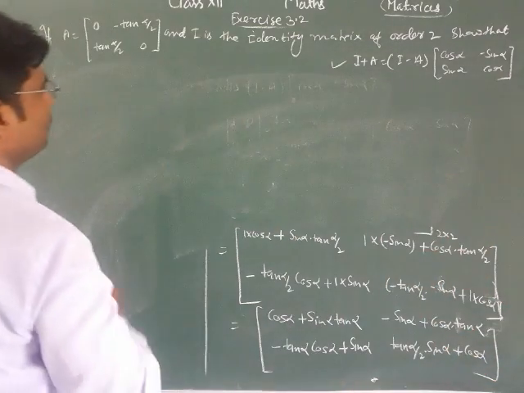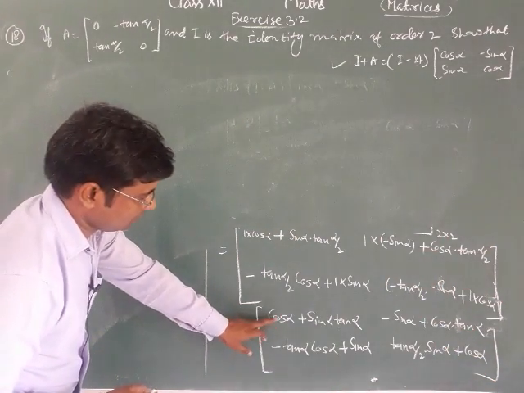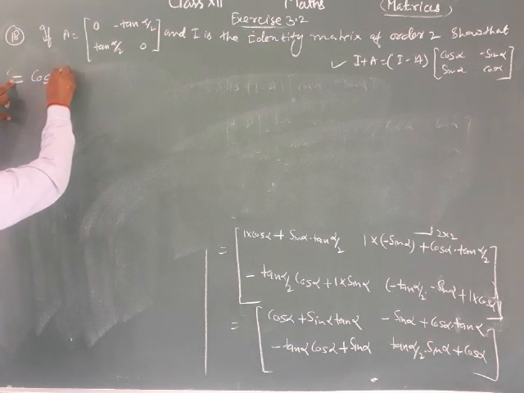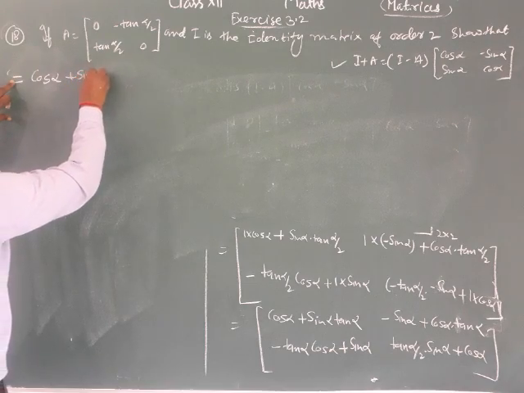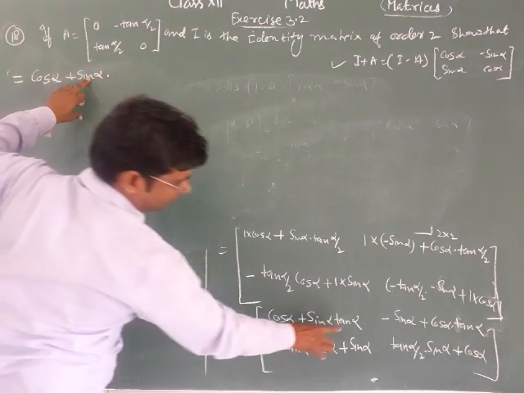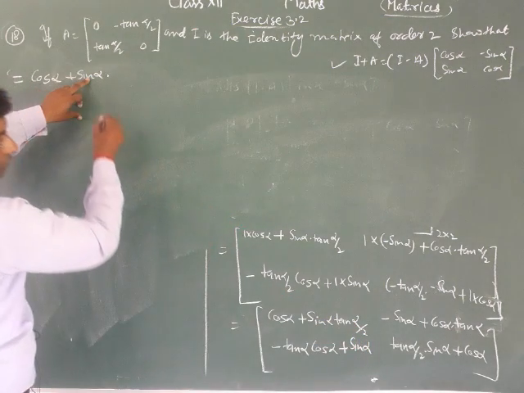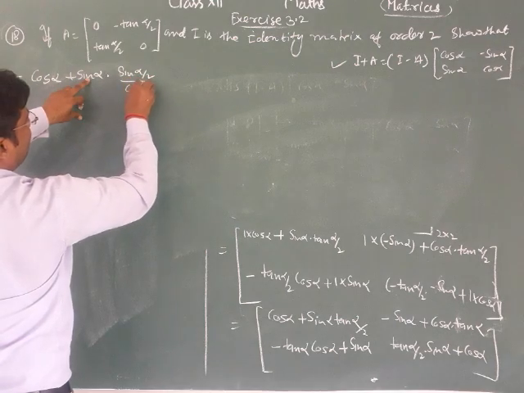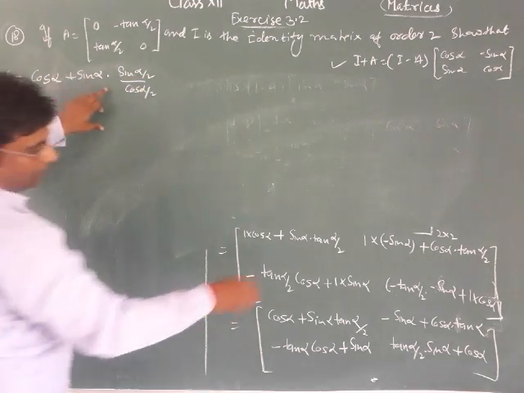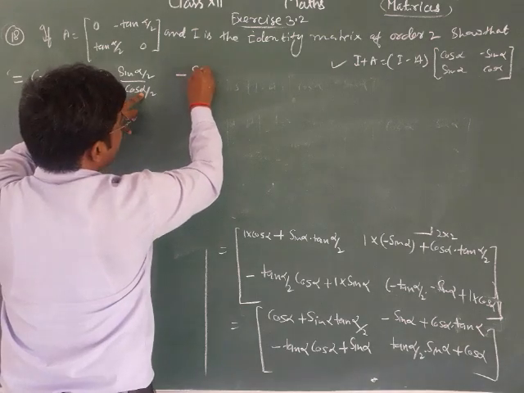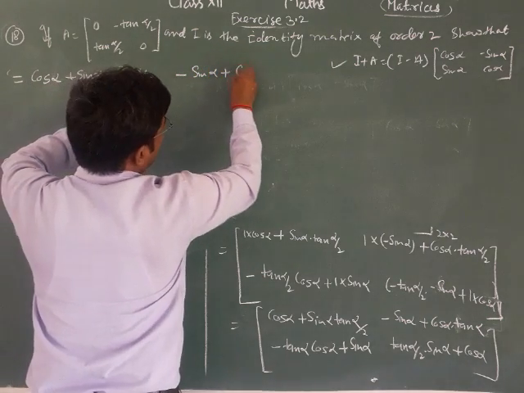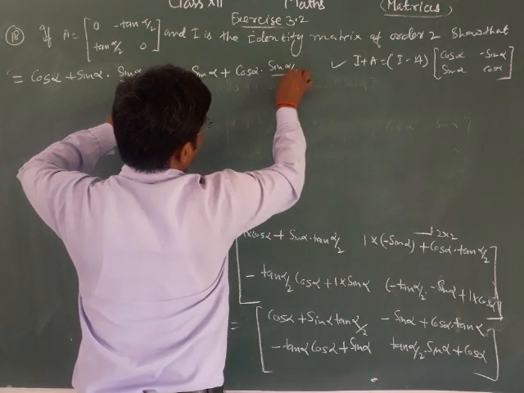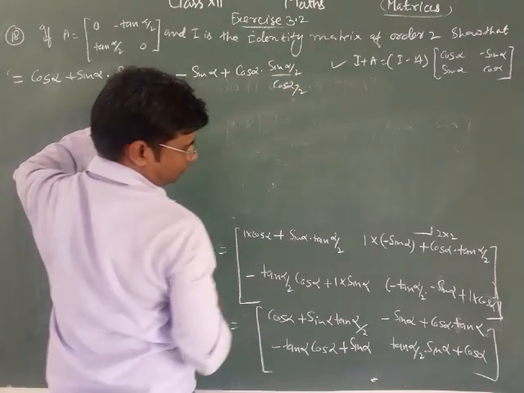So now we can write cos alpha plus sin alpha into tan alpha by 2, so sin alpha by 2 upon cos alpha by 2, and also minus sin alpha plus cos alpha into sin alpha by 2 upon cos alpha by 2.